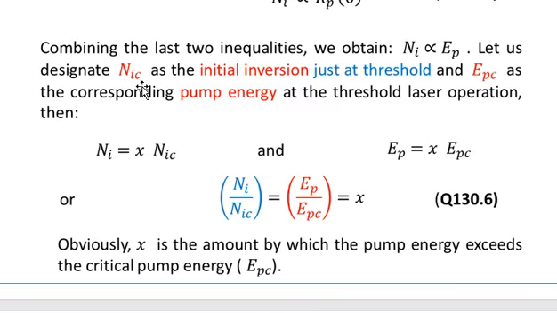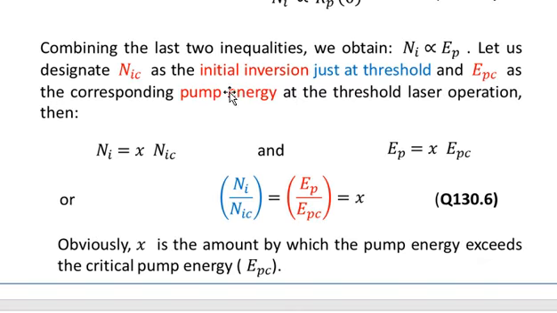Before that, we have only been using the symbol NC in the previous slides, because NC stands for the critical inversion, which is the minimum inversion required for the lasing process. And here we have used I along with that, which stands for the initial inversion, or the inversion just at the threshold value, and EPC as the corresponding pump energy. So again, EP is the pump energy and EPC is the critical pump energy, or the pump energy at the threshold value.